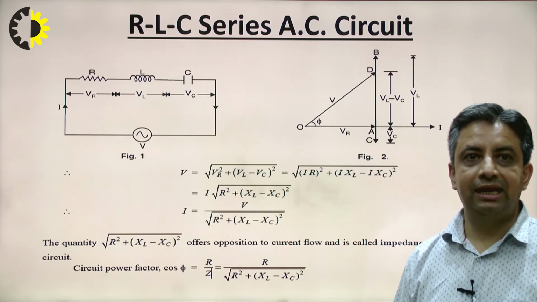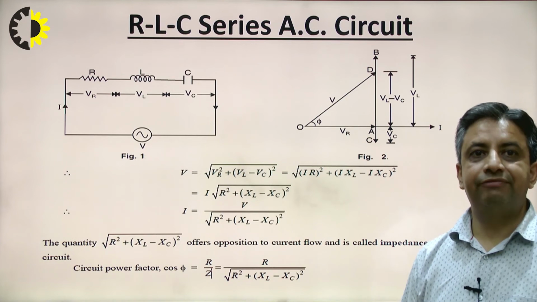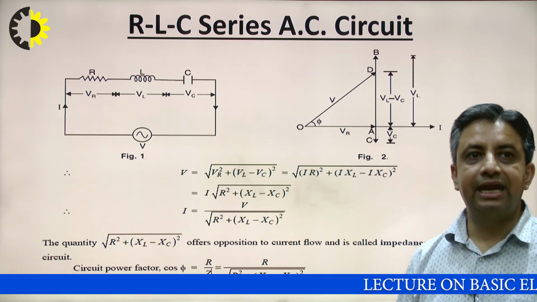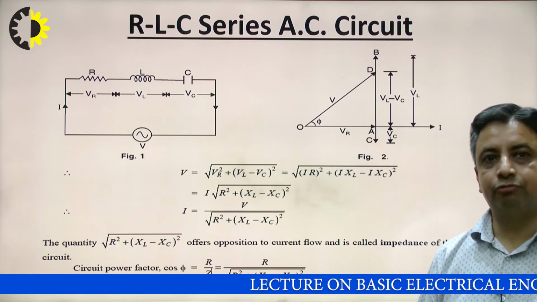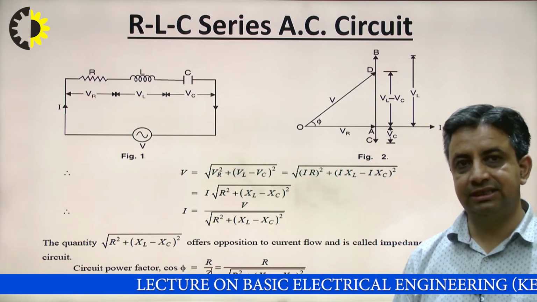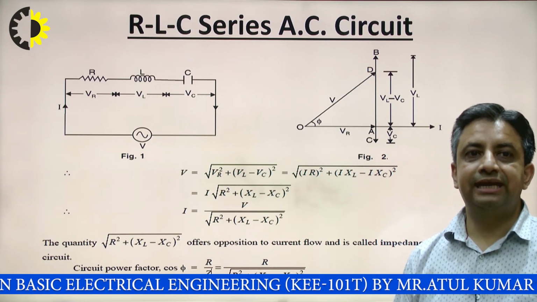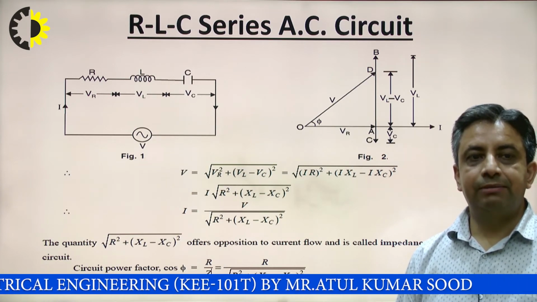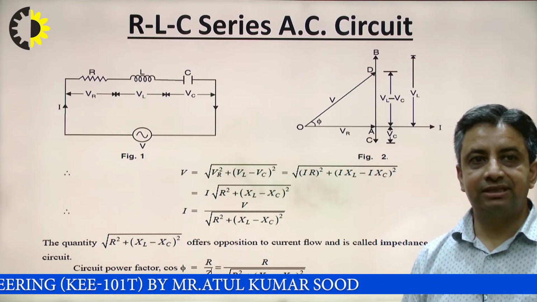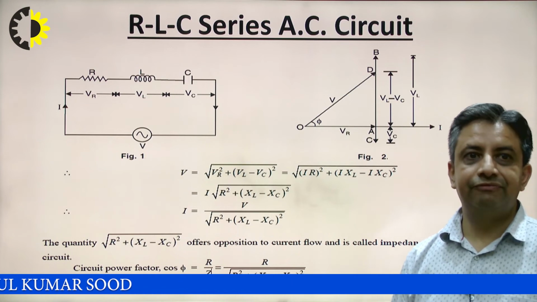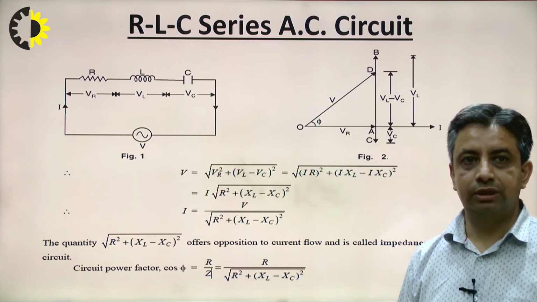So VL, you can see here, will be in the first quadrant as we have discussed in case of RL circuit, and this VC will be in the fourth quadrant as we have discussed in case of RC circuit. So the net voltage, that is the supply voltage, is the phasor sum: square root of the voltage across the resistance squared plus VL minus VC whole square.